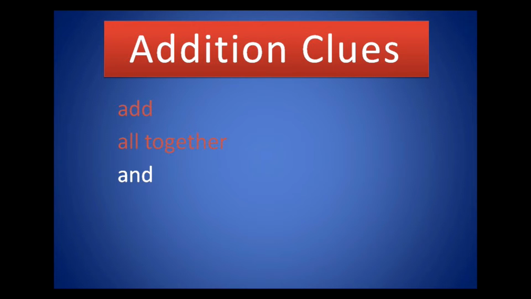So that's an adding of some sort, correct? The next one is both. That's another little clue to addition. Combine. That's another addition clue. And if you're combining something, you're putting them together, you're adding them.